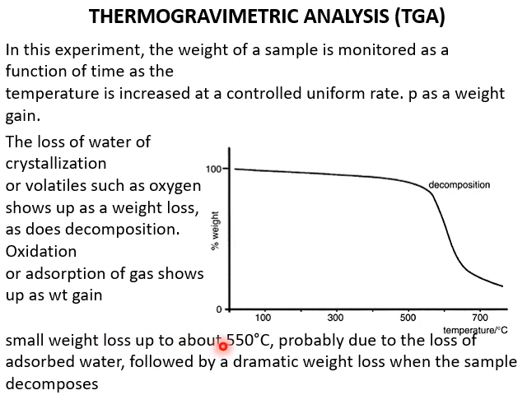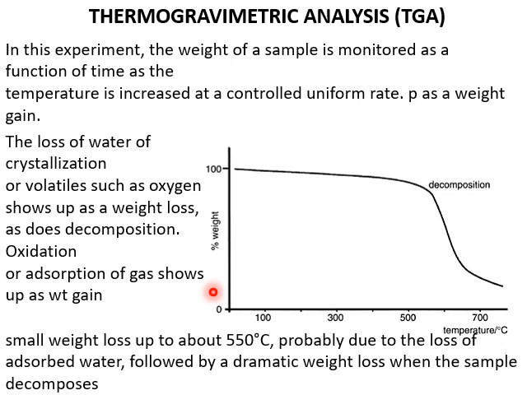There is a small weight loss up to about 550 degrees centigrade, probably due to loss of absorbed water, followed by a dramatic weight loss when the sample decomposes. This graph for a sample shows temperature on the x-axis and percentage weight on the y-axis. We previously saw that in DTA, the x-axis was the same temperature, while the y-axis was the temperature difference.